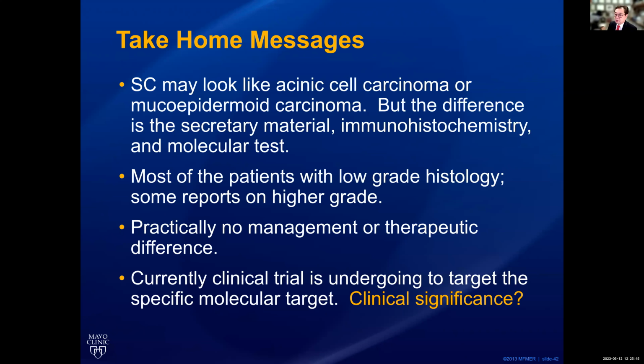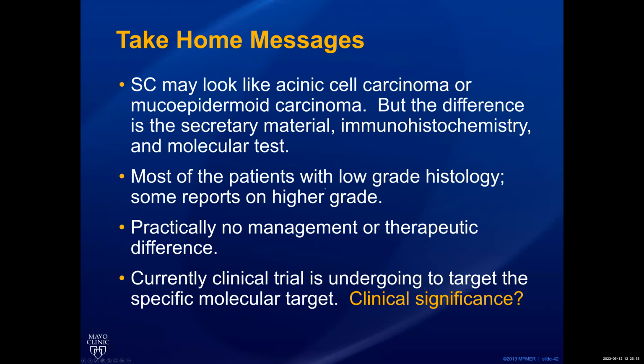So secretory carcinoma may look like a signet ring cell carcinoma, or even mucoepidermoid carcinoma. Actually, if you go back to the literature, most of the papers were published by retrieving cases that had been signed out as signet ring cell carcinoma, mucoepidermoid carcinoma, or adenocarcinoma NOS, and then doing FISH, and they found, oh, a good chunk of them are actually secretory carcinoma. That's how the new entity was introduced.